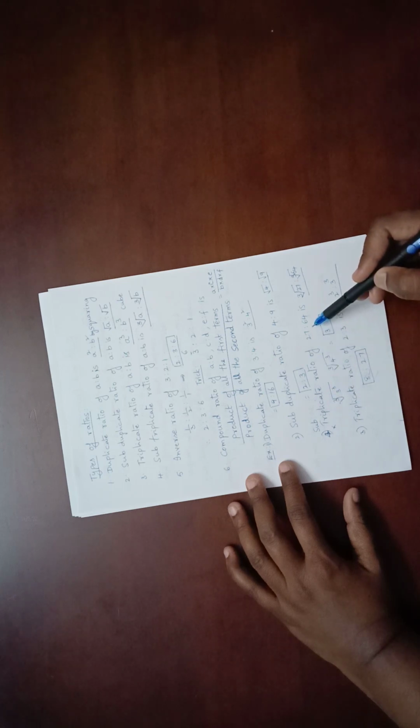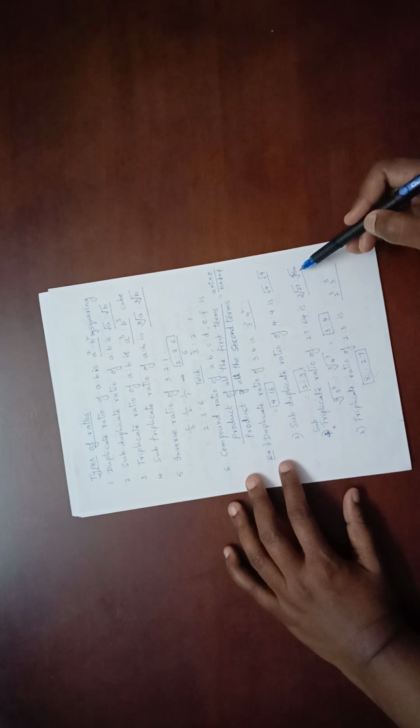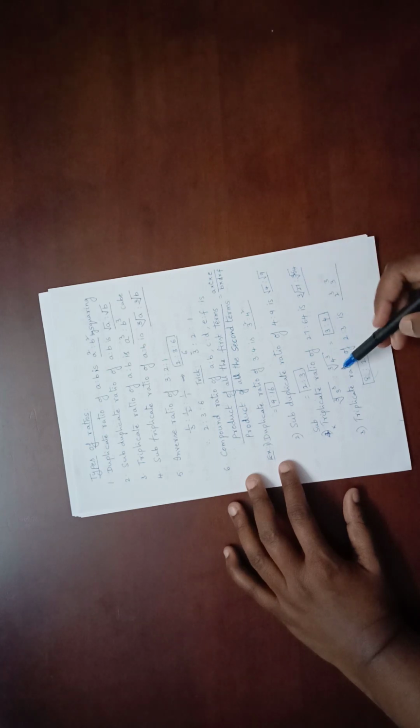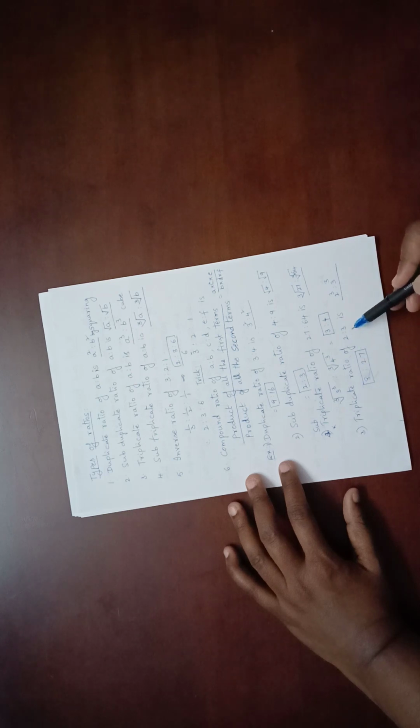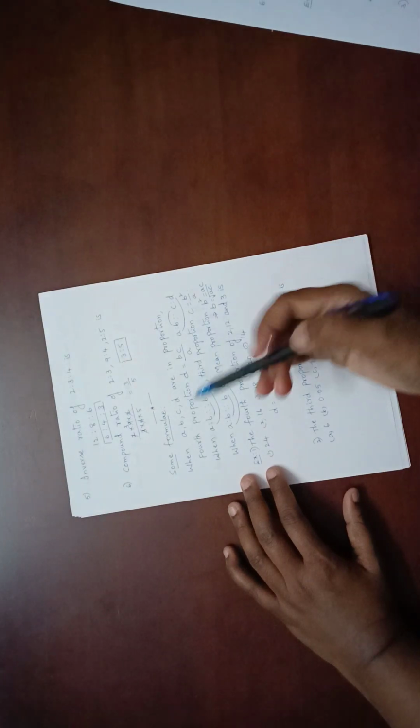The subtriplicate ratio of 27 is to 64 is cube root of 27 is to cube root of 64, then we get 3 is to 4. The triplicate ratio of 2 is to 3 is 2 cube is to 3 cube, that is 8 is to 27.